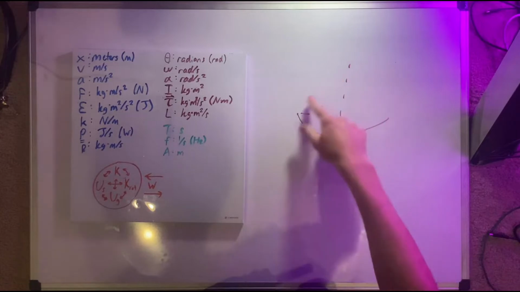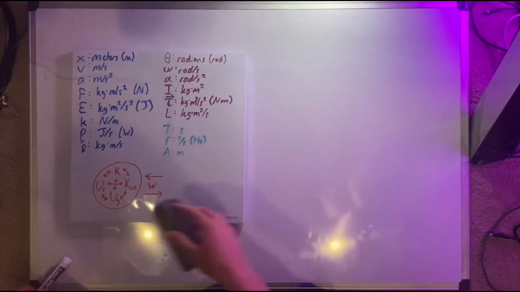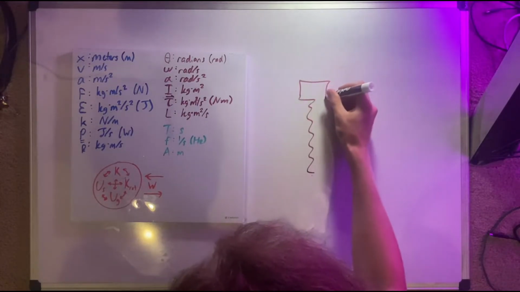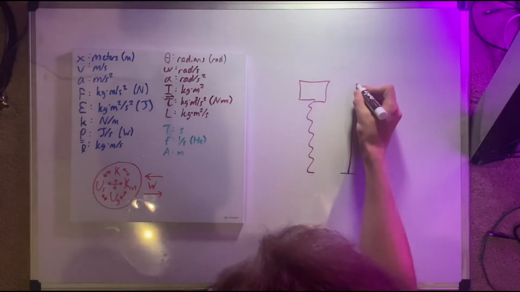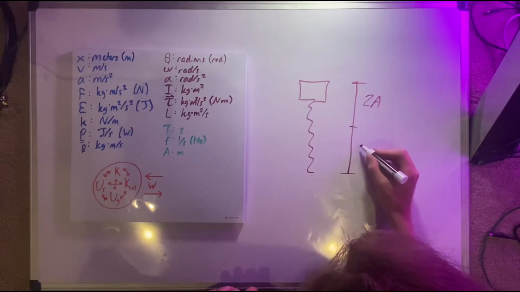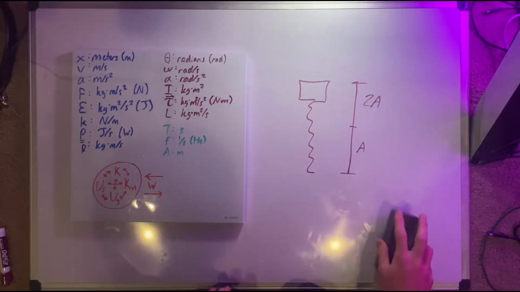If you're talking about a spring, you would have maximum stretch right here. The distance from maximum compression to maximum stretch is 2A, meaning the distance from the middle is A. And we know that because the equilibrium point is halfway between the maximum and minimum amplitudes.